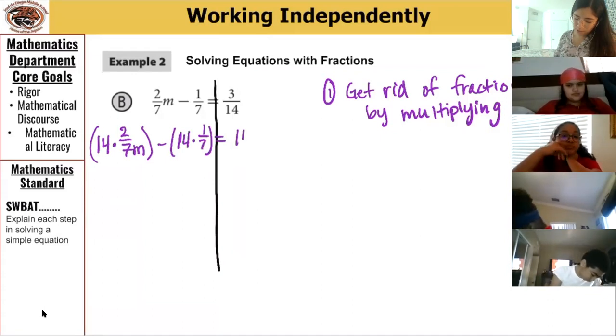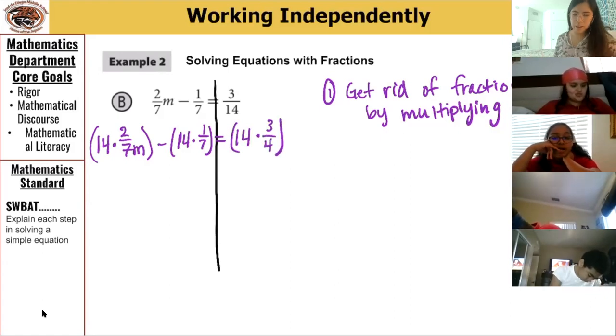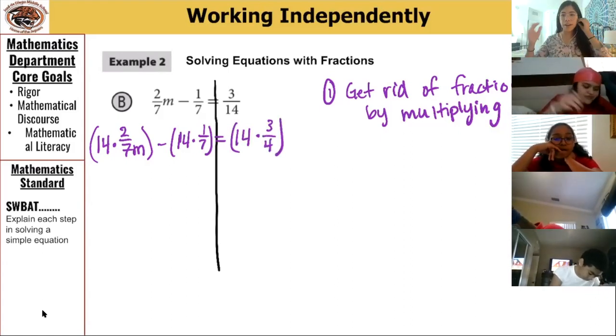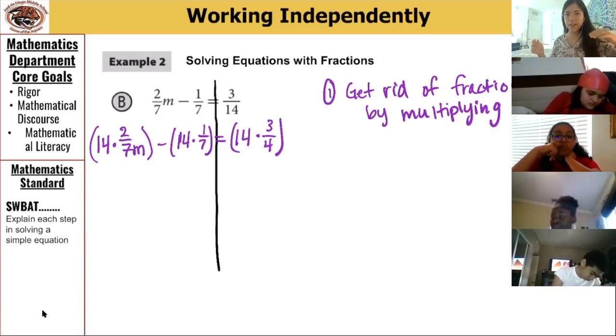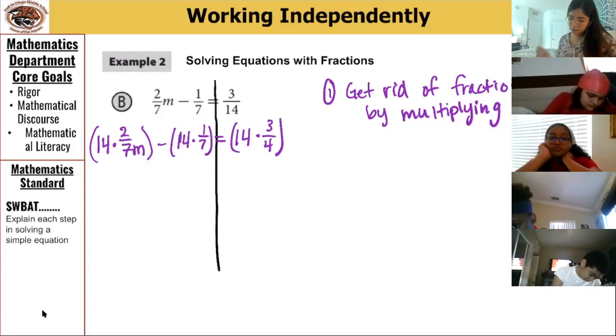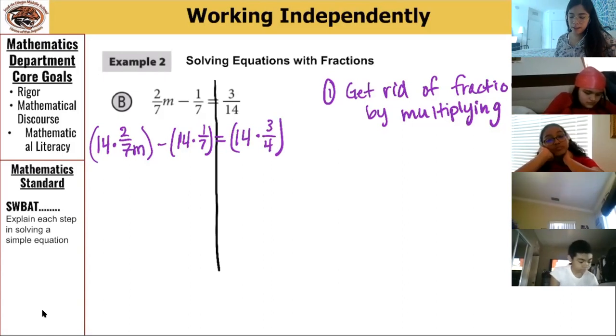And then it's going to be 14 times 3 over 4. I'm writing this all out so that I'm clearly showing every single step. Even if you did it in your head, I'm going to always write everything down so everybody can see what I'm doing. And remember, when you multiply fractions, you multiply the whole number by the numerator and then divide it by the denominator.